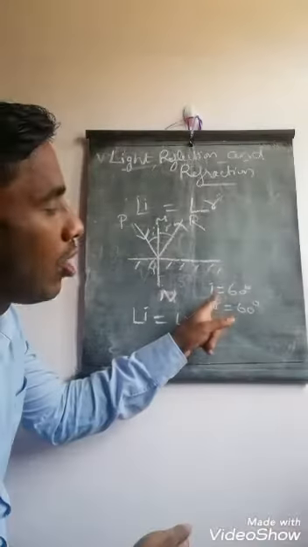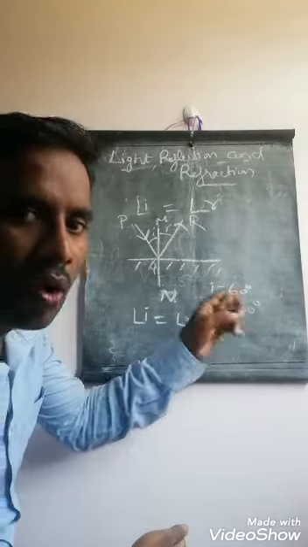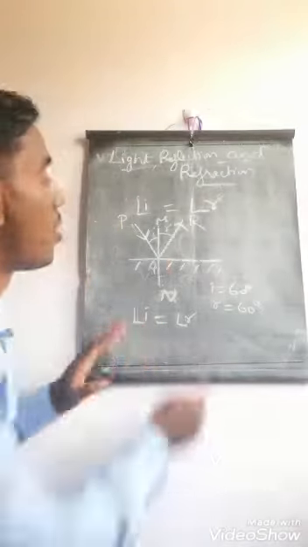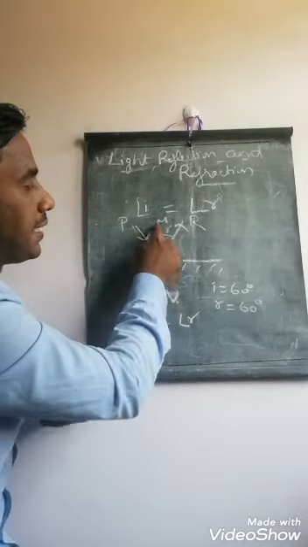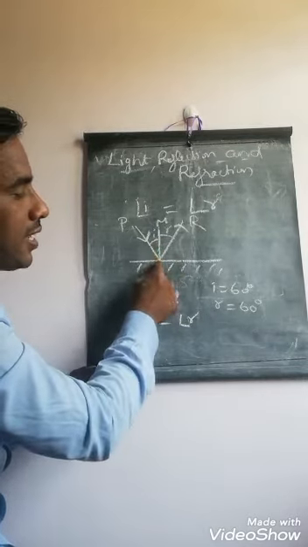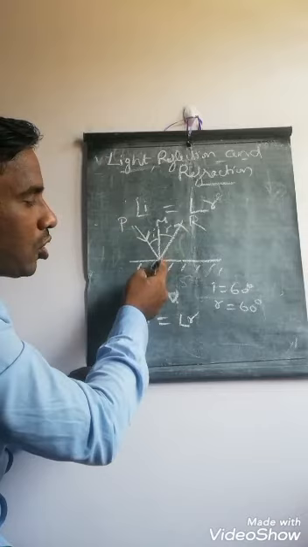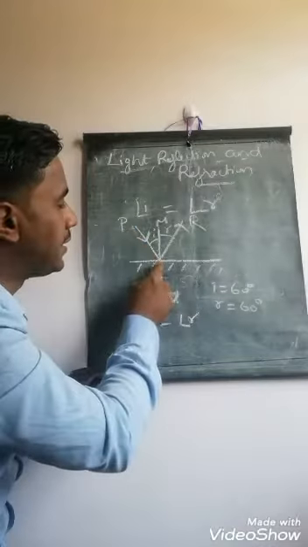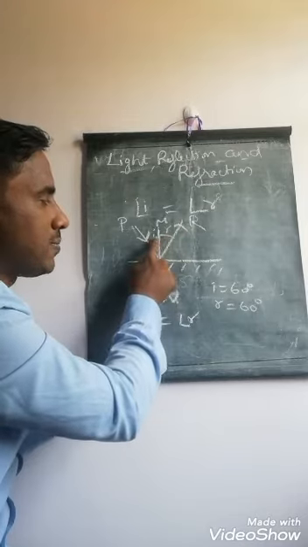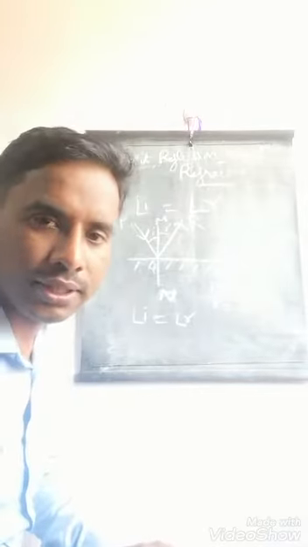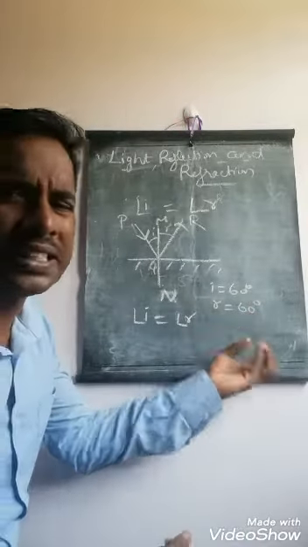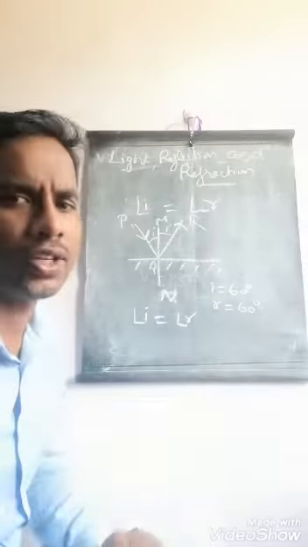Angle of incidence is 60 degree, then angle of reflection also will be equal to 60 degree. So what is the angle between incident ray and reflected ray? 60 plus 60 is equal to 120 degree. So this is the basic application of this law of reflection of light.